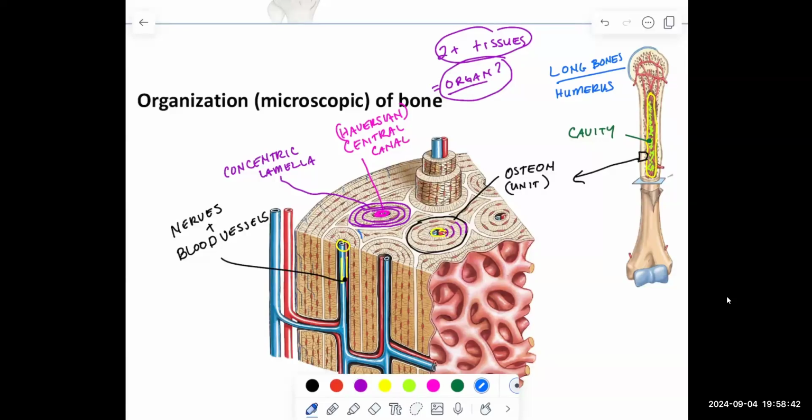We have these lamella that do not form circles, in blue. Not circles. It does not surround a central canal. That one in blue is called an interstitial lamella.